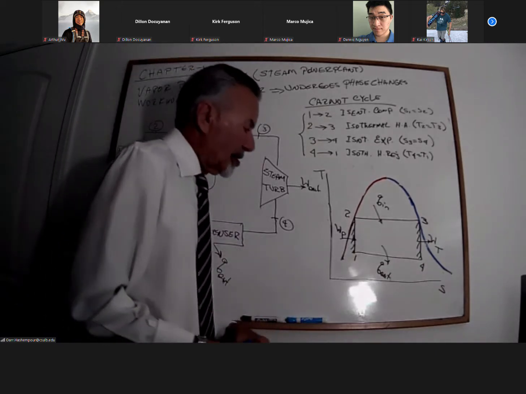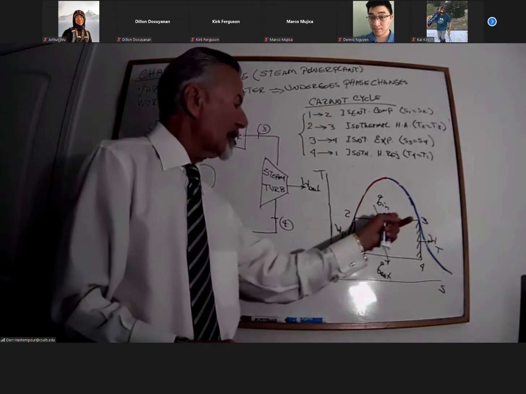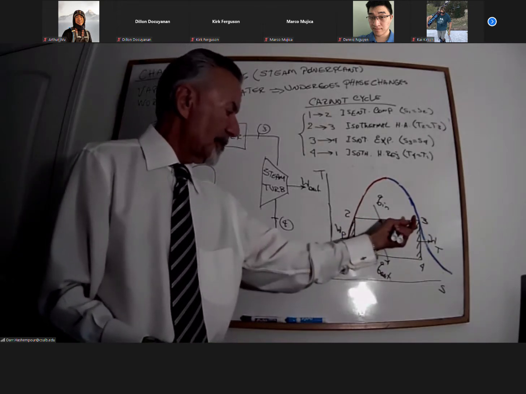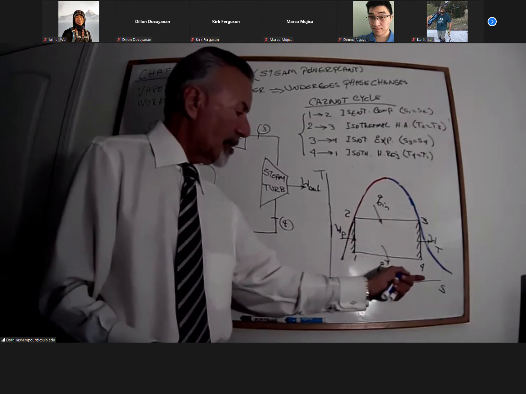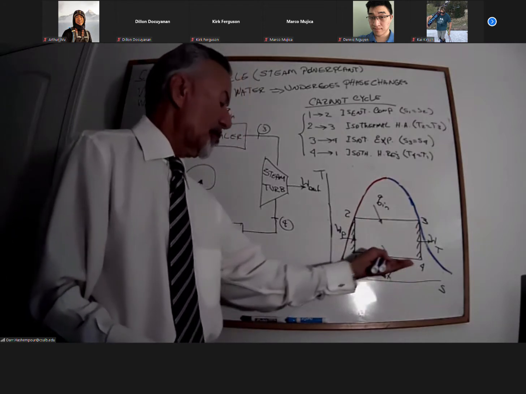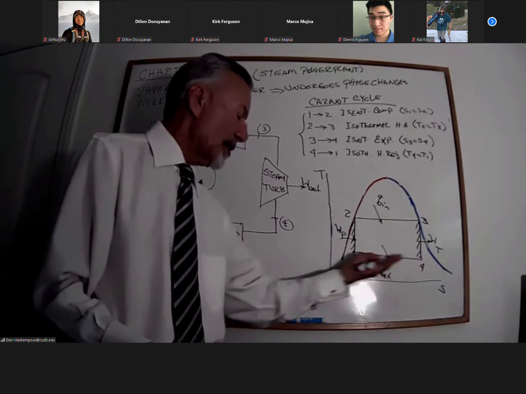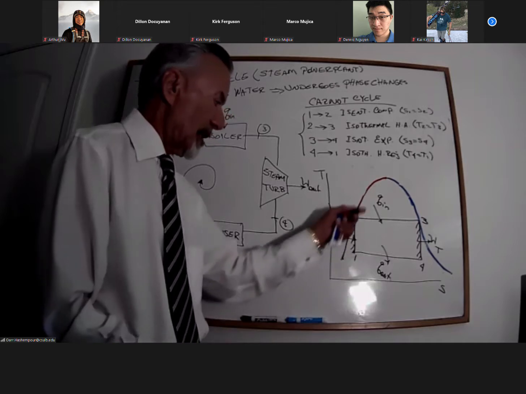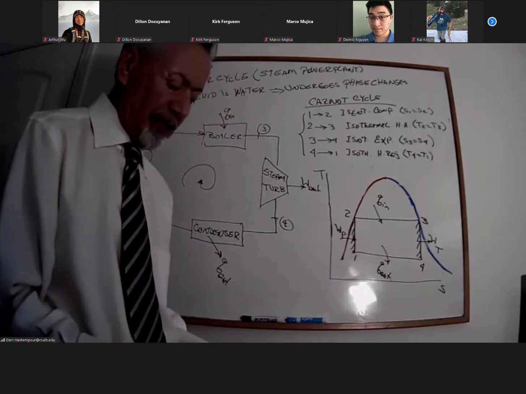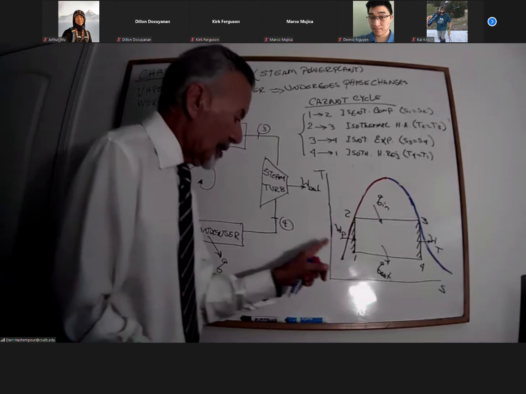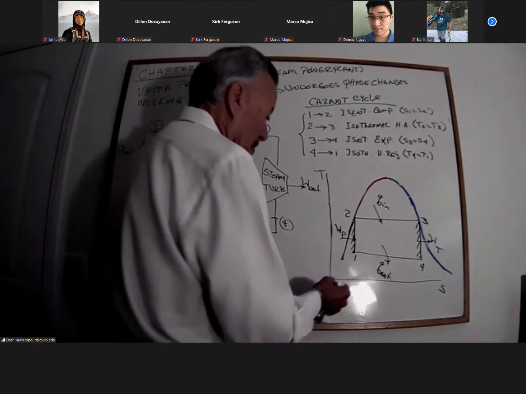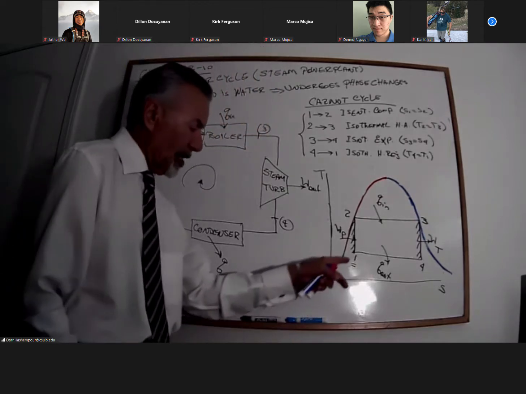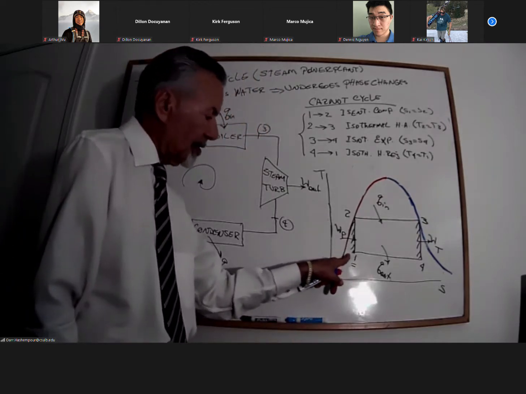Once again, you can see that we cannot add heat to any system without changing the temperature. Same thing, we cannot cool down anything without reducing the temperature. So that's, again, the two flaws in this system. Now, the other flaw in the system is point 1. As you notice, point 1 is located in the mixture region.